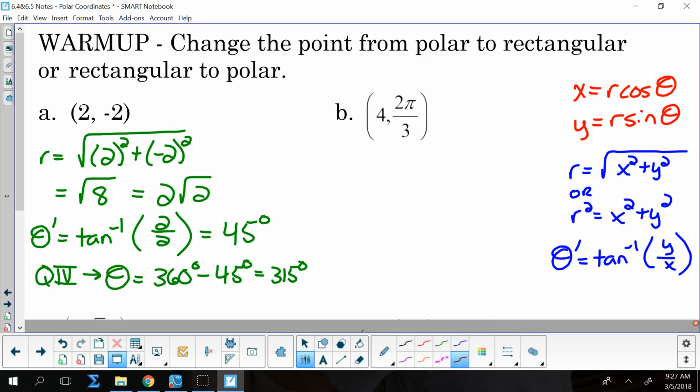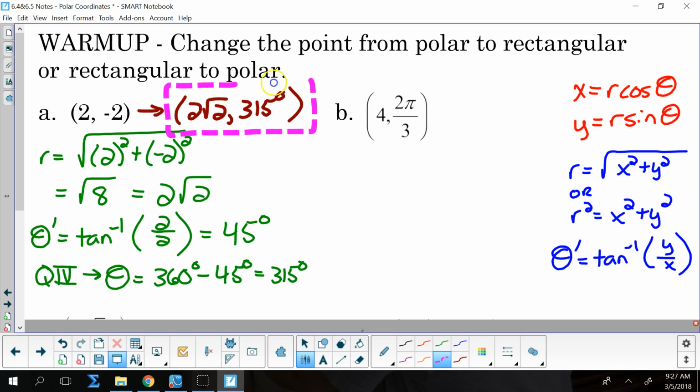So my rectangular point written in polarness is going to be that. Now, if I wanted to change that over into 2 square roots of 2 comma 7 pi over 4, if it said maybe on Friday's test, give all of your angles in radians, that's a possibility out there. Okay? Agree with that?